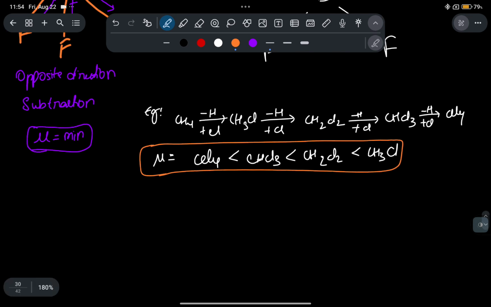Yeah, where there are more electronegative atoms, there will be less dipole moment.